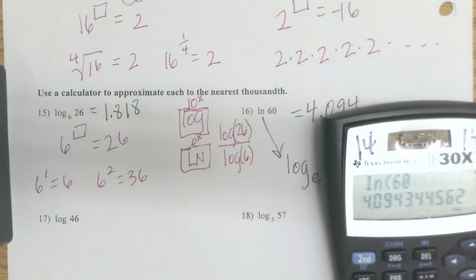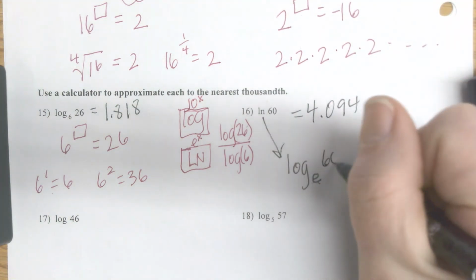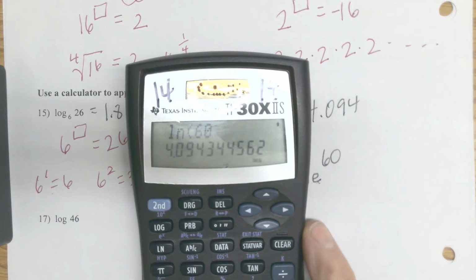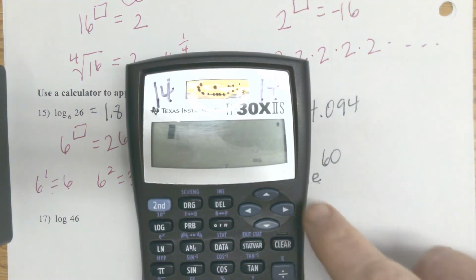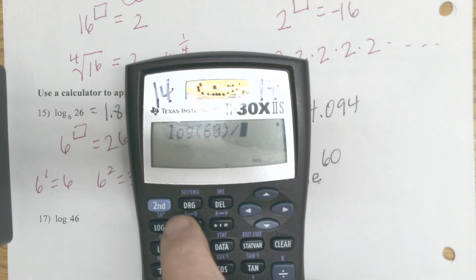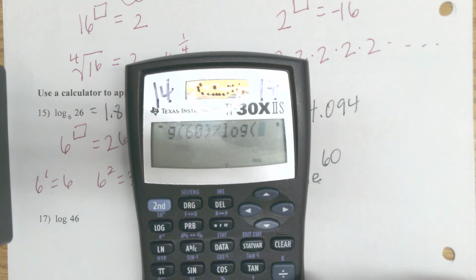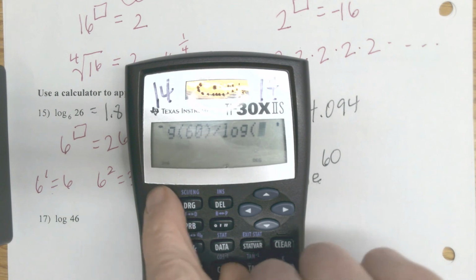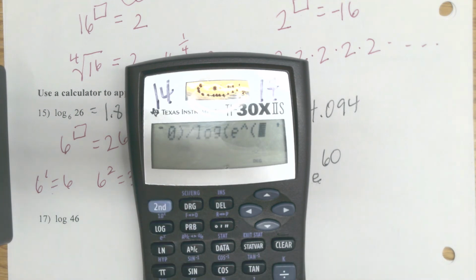And so if I were going to evaluate this problem with my calculator using the log key like I did the last one, I would have to do the log of 60, close my parenthesis, divided by the log of e. So I'm going to have to do second e to the first power because it needs a power on it.